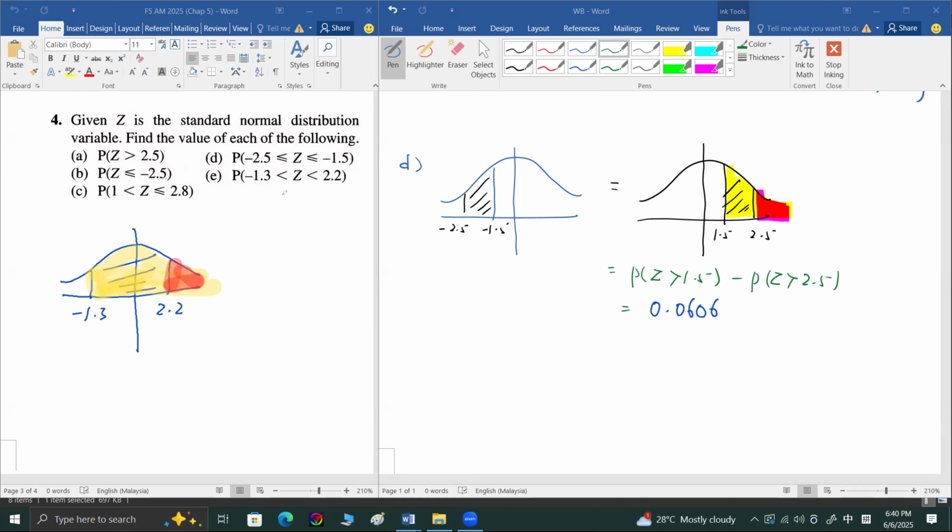So same as usual class, you apply with the calculator and see R minus R. And for you that using EX, lower, upper. Keep trying and see. 1.3, you get an R, 1.3 minus 2.2. See, you can get 0.8893.